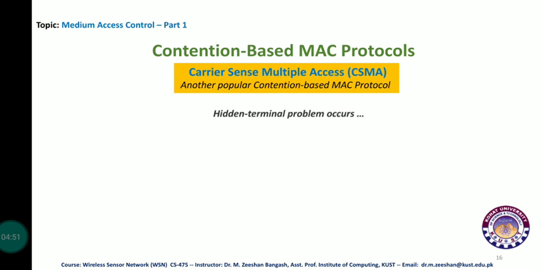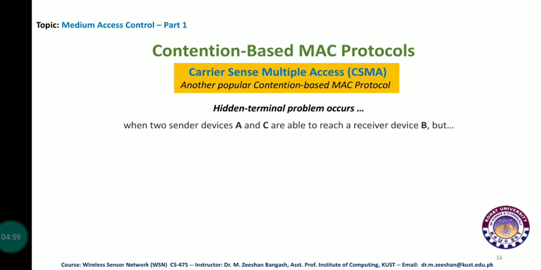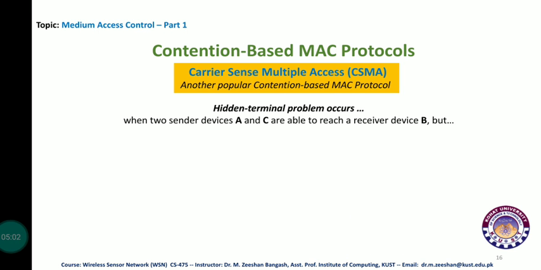With carrier sense multiple access, we have already discussed the hidden terminal problem. That's when two senders, A and C, are able to reach a receiver B but cannot overhear each other's signals. So this is the hidden terminal problem.